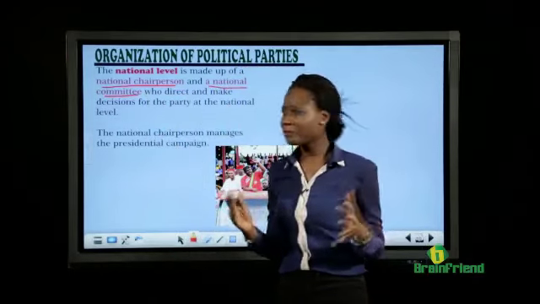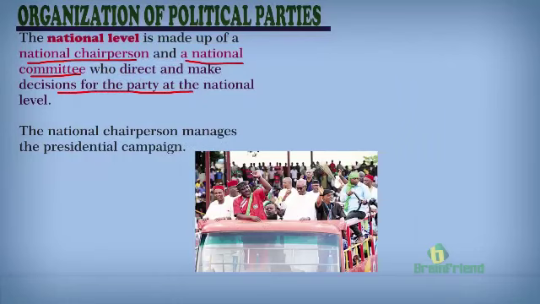These persons direct and ensure that the decisions of the party are properly carried out. This national level happens to be the third on the pyramid. The national chairperson is saddled with the responsibility to manage the presidential campaigns for their party.